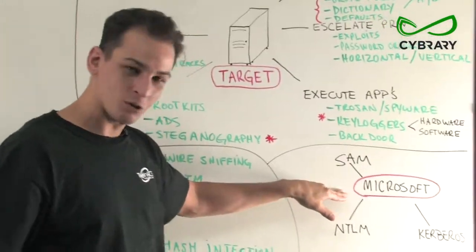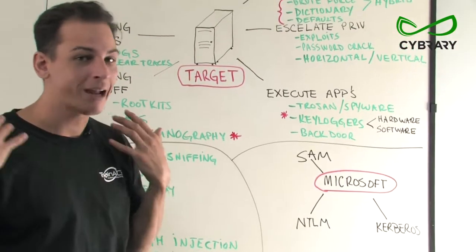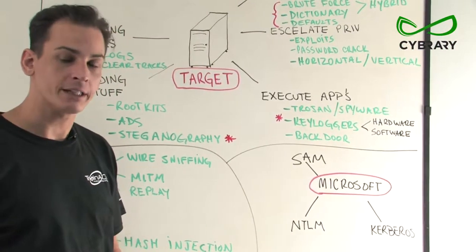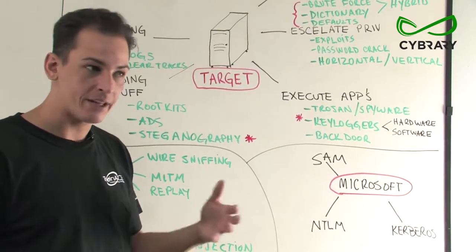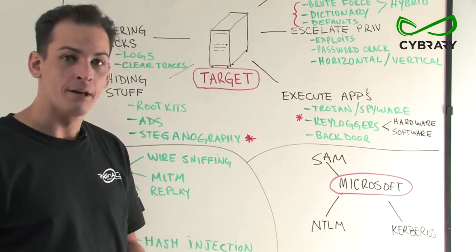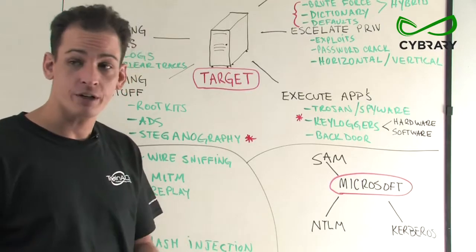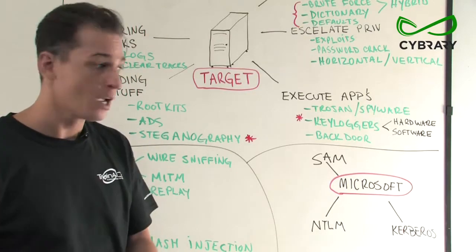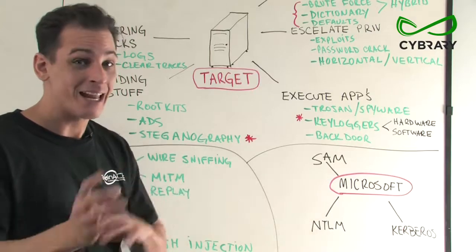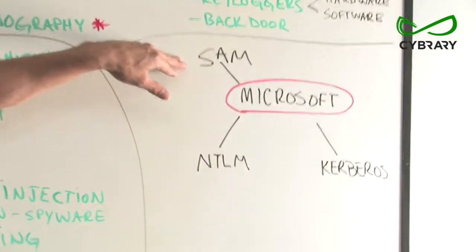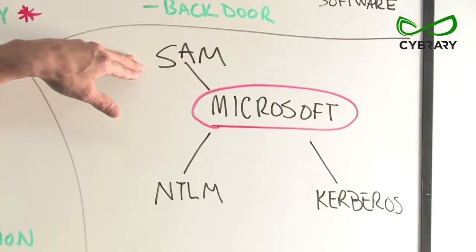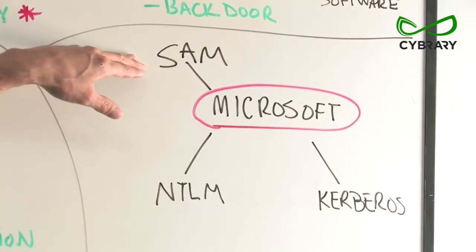When it comes to Microsoft specific systems, you need to know everything about authentication, realistically. All right? This is where the penetration tester has to supersede that of the network administrator once again, because you have typical Unix administrators or Microsoft administrators. Well, the penetration tester, they have to be a master at all of it. But specifically related to Microsoft, you must know how to access the Security Account Manager database on every type of system.